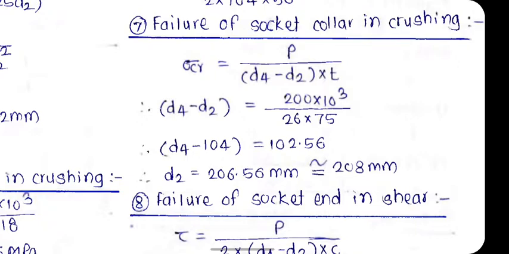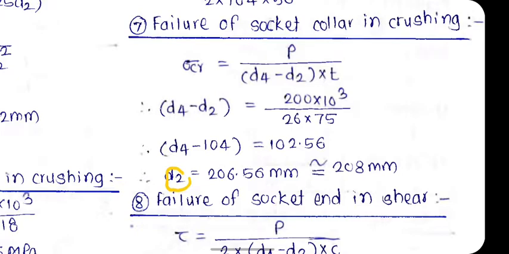So after solving, you get the value of d4 as 206.56. Sorry, here is a writing mistake. So it's not d2, this is d4. Okay, so d4 is equal to 206.56 mm, approximately equal to 208 mm.